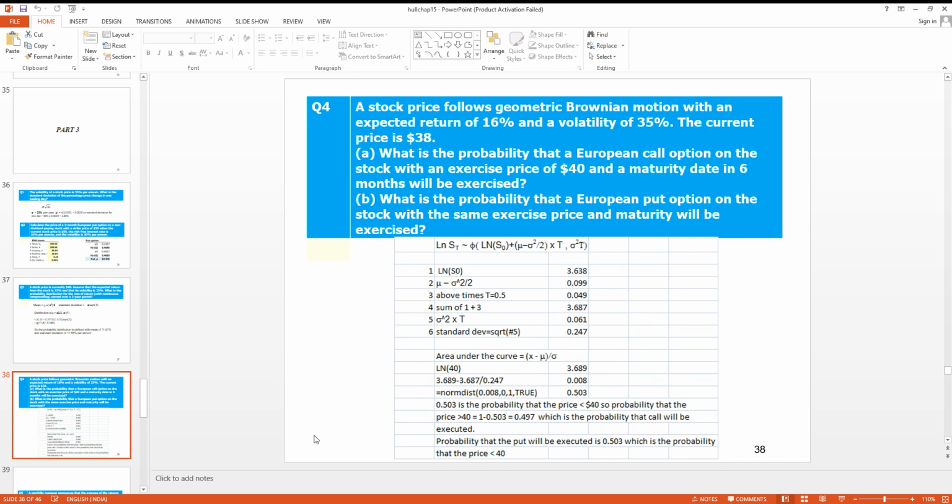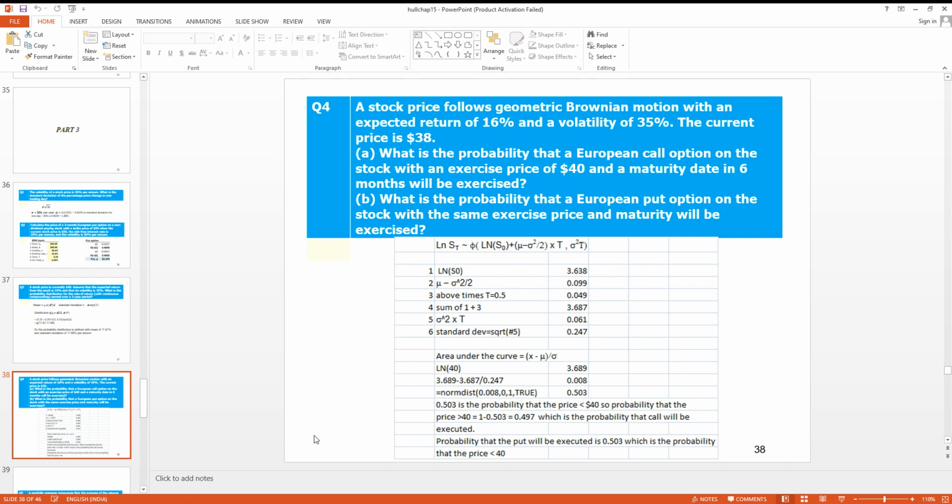So log normal of S0 is 3.638, which is nothing but log of the current stock price, which is $38. Mu minus sigma square by 2 works out to 0.099. So you know mu, which is 0.16, and you know sigma, which is 0.35.